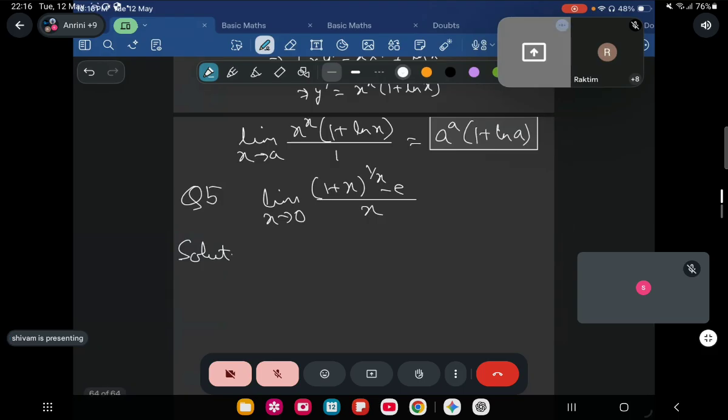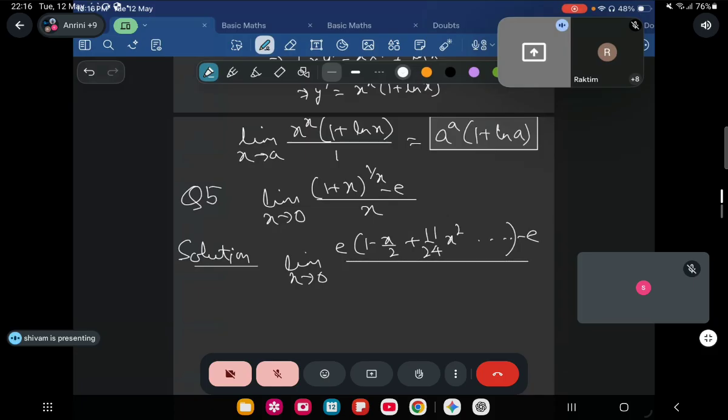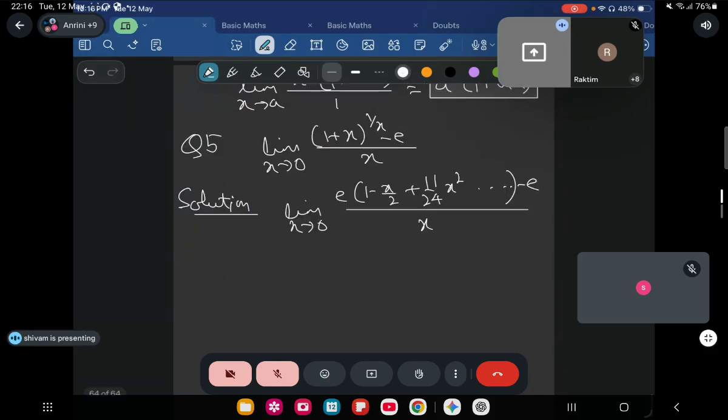We'll get limit x tends to 0, (1 plus x) whole to the power 1 by x will become e into (1 minus x by 2 plus 11 by 24 x square dot dot) minus e upon x. So see, first e and last e will get cancelled. Coefficient of x is minus half. So the answer is minus e by 2.